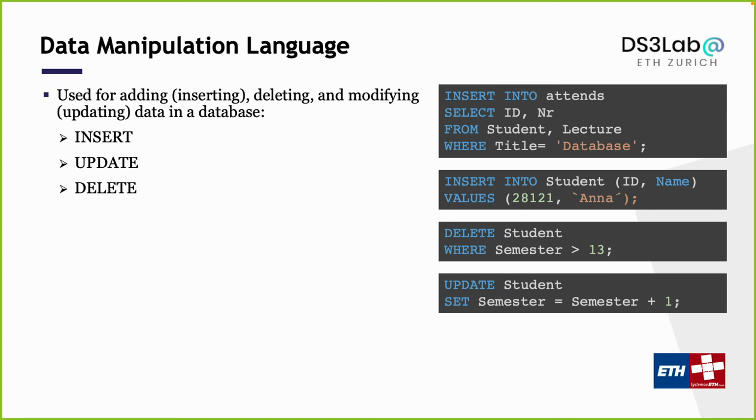So it's very natural. You delete students with semester larger than 13. I have an old relation with a whole bunch of students, and I transform that into a new relation in which I do not have those tuples with semester number larger than 13, right? So semantics is very clear.